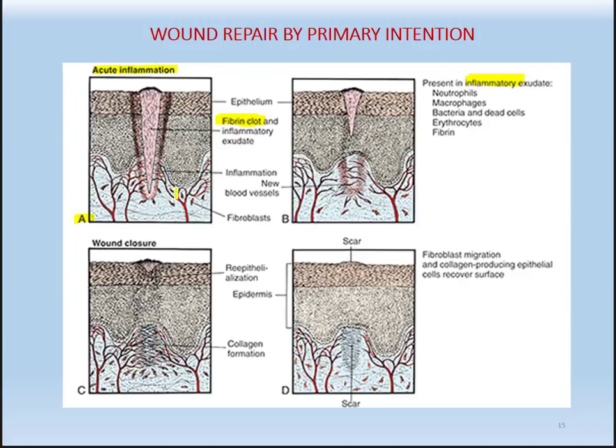So this is our acute inflammatory stage. And now on to wound healing. This is where collagen formation occurs from those fibroblasts that are present. Fibroblasts really fill the area with collagen, helping to make that tissue strong like it once was.